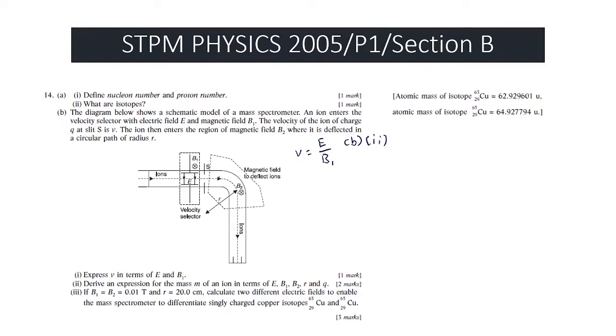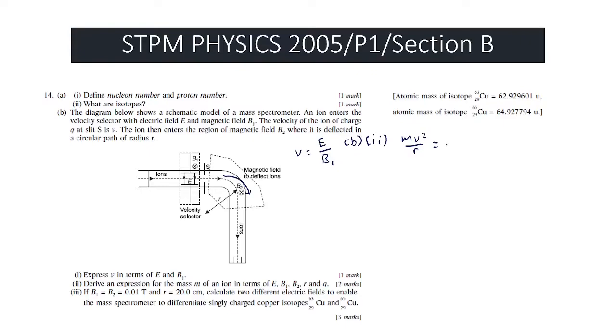First thing, the particle at this turning path will experience a centripetal force which is given by mv squared per r, and this must be equal to the magnetic force. This is due to this B2.